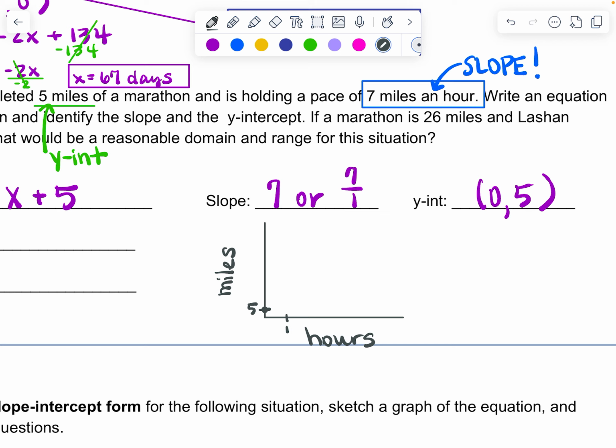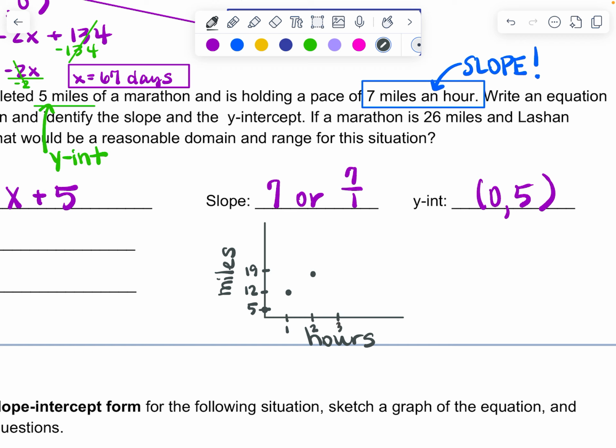There we go. All right, so if that's 5, after 1 more hour, he's gone 7 more miles. So now he's going to be at 12, right? So 5, 10, let's say this is 12. And then after another hour, he's gone another 7 miles, and so that would be 19.